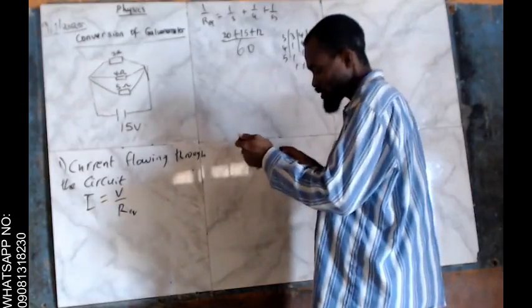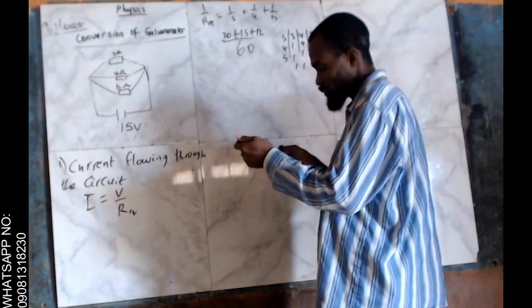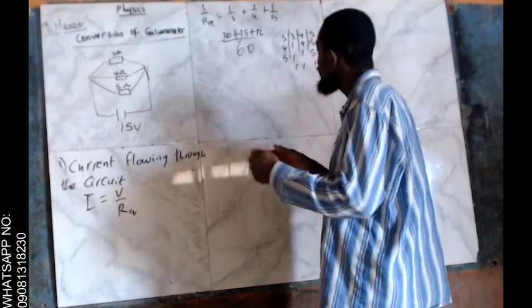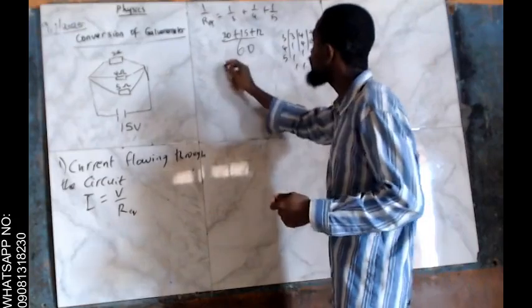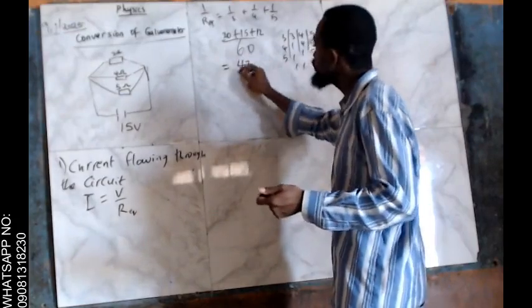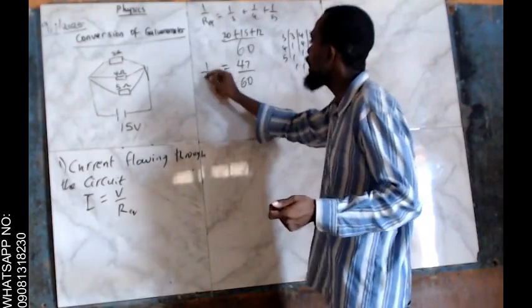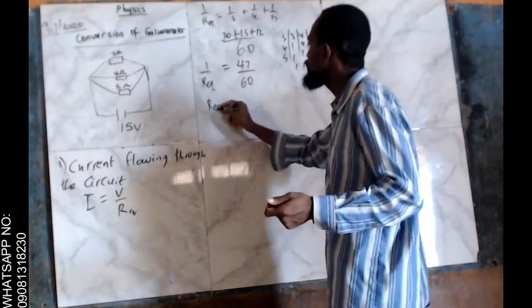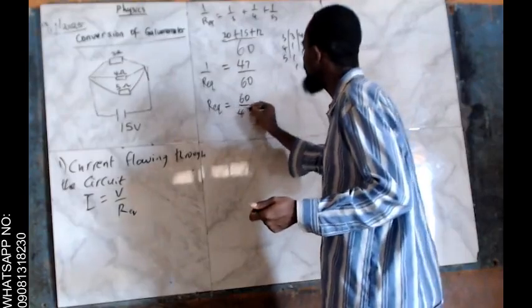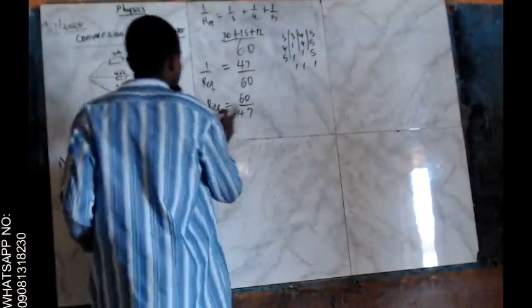Now 12 plus 15 plus 20 will give us 47 over 60. So 1 over R eq is 47 over 60, and R eq is equal to 60 over 47. The equivalent resistance is this.